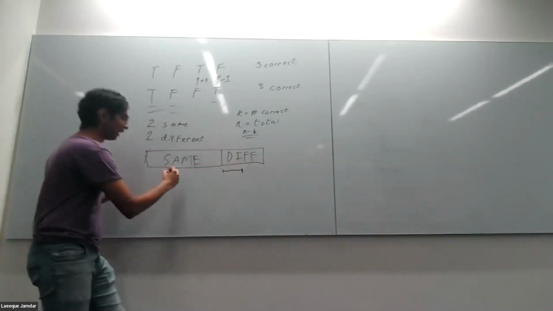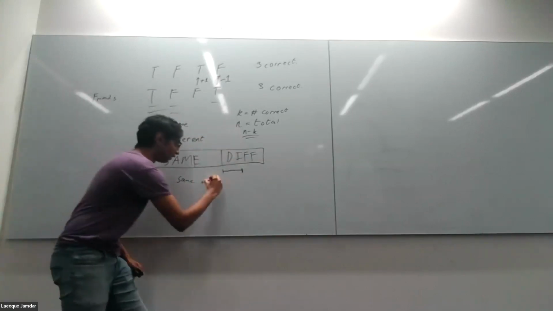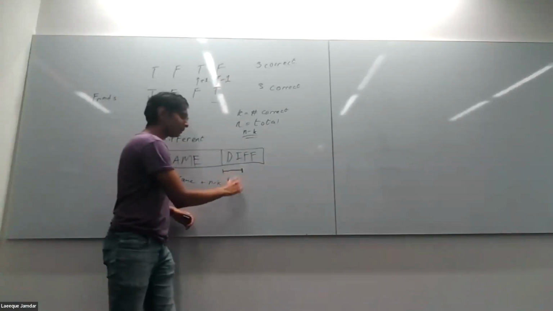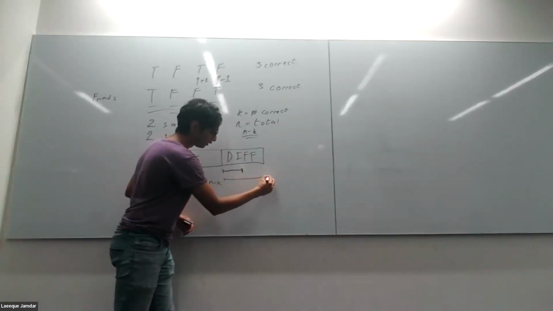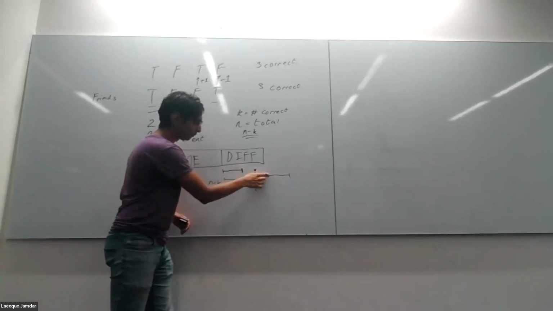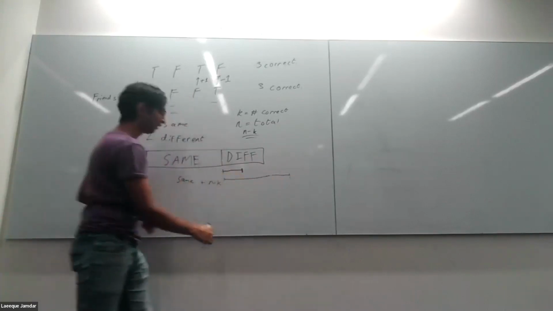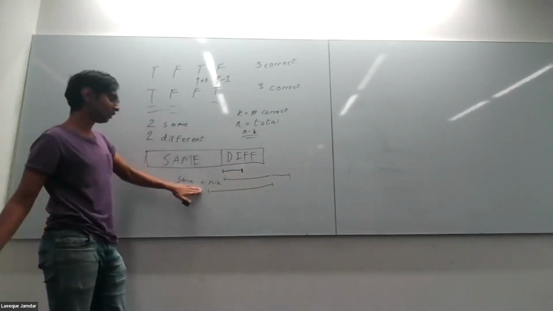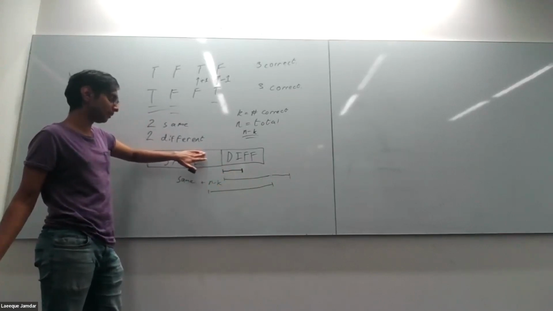And so we end up getting same plus n minus k. Except when it goes too far and it goes over. Like that. In that case, this part juts out the other side and starts cutting into the parts that we get the same. So you must have gotten some of these incorrect as well.